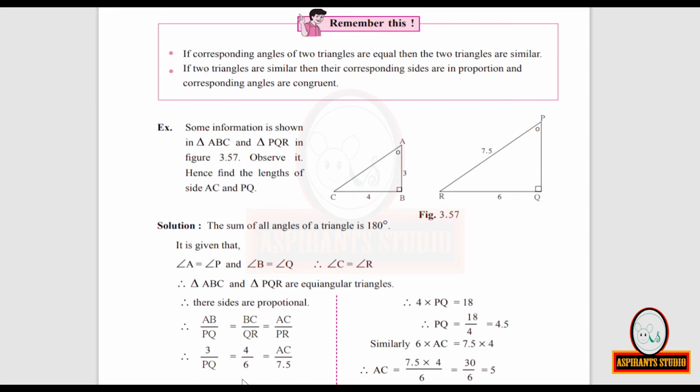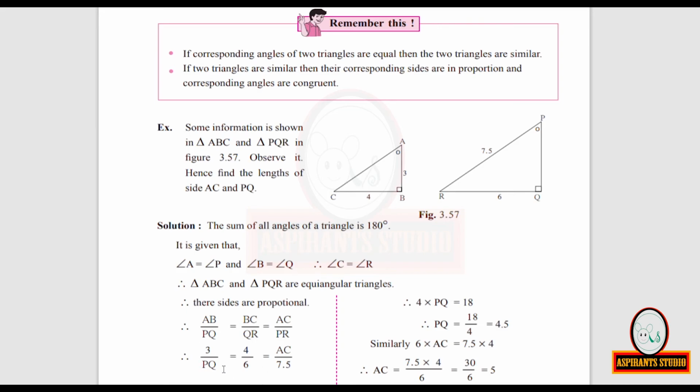If you take the first two ratios, there is only one unknown, PQ. So you can easily find out. Then again, when you take the second and third ratio, you will have only one unknown, that is AC. So you can easily find out the value of AC. Don't take the first ratio and the third ratio first, because there are two unknowns in that equation.